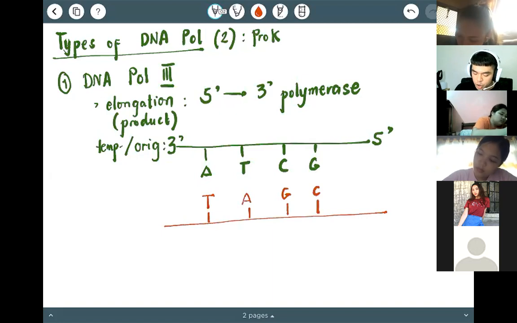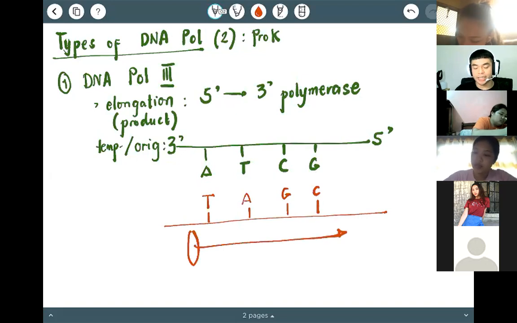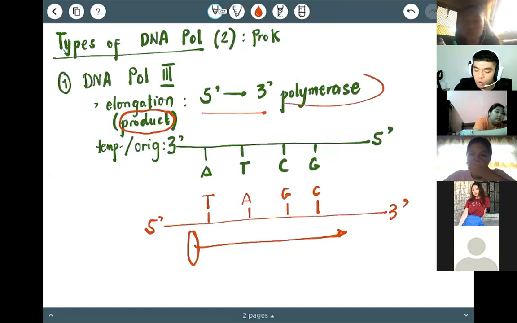So ang naging direction ng polymerase 3 is from left to right. Kasi nga, it reads the template 3 to 5. And then the product is from 5 to 3. Kaya meron siyang 5 to 3 elongation action or polymerase action. Okay, so yan yung una niyang activity, that is elongation.